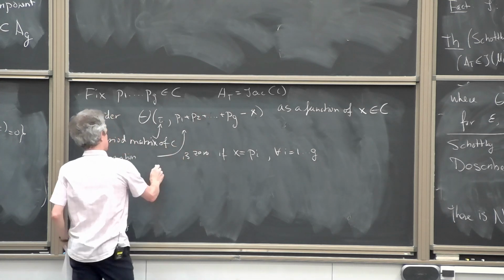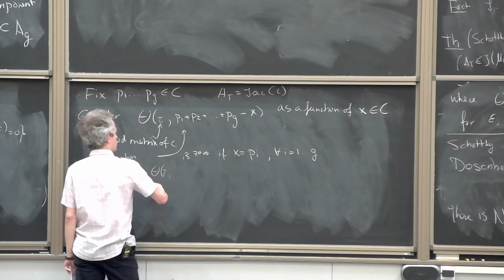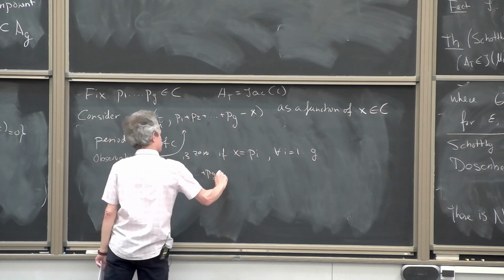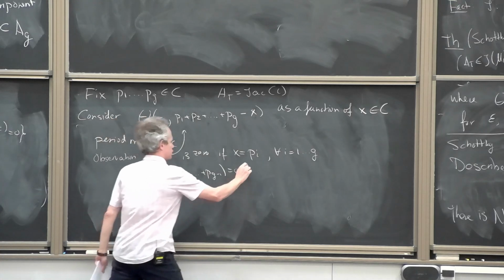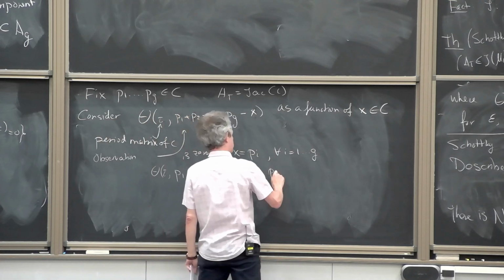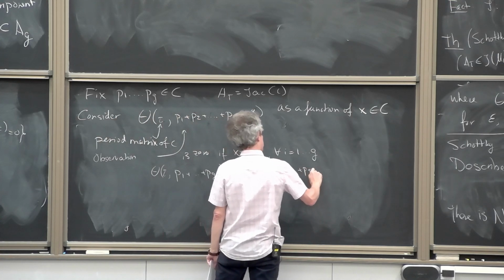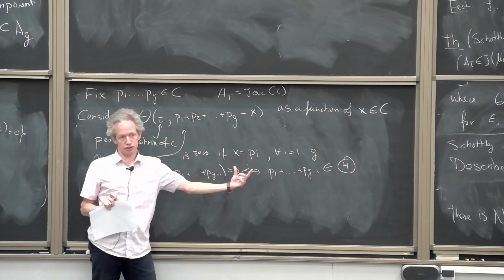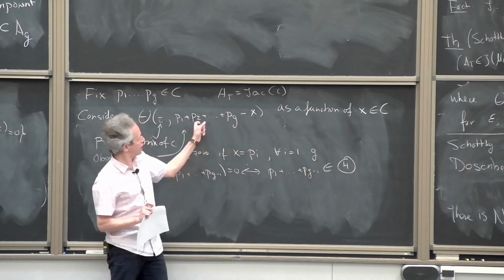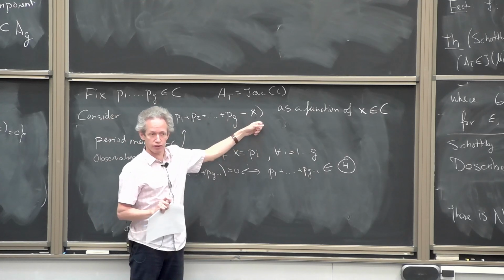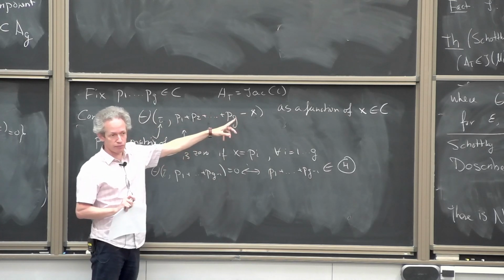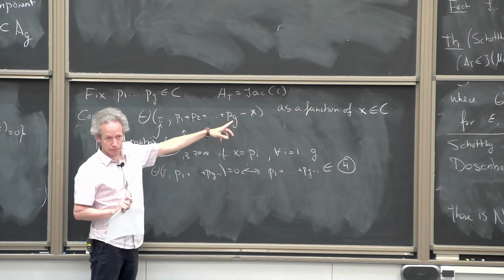If I look at theta tau of, say, p1 plus through p_{g-1}, this is 0, because the point lies on the theta divisor, and the theta divisor is precisely the locus of sums of g minus 1 points. So if I cancel one of these g points, then I get precisely 0. So I know g zeros of this function on the curve.